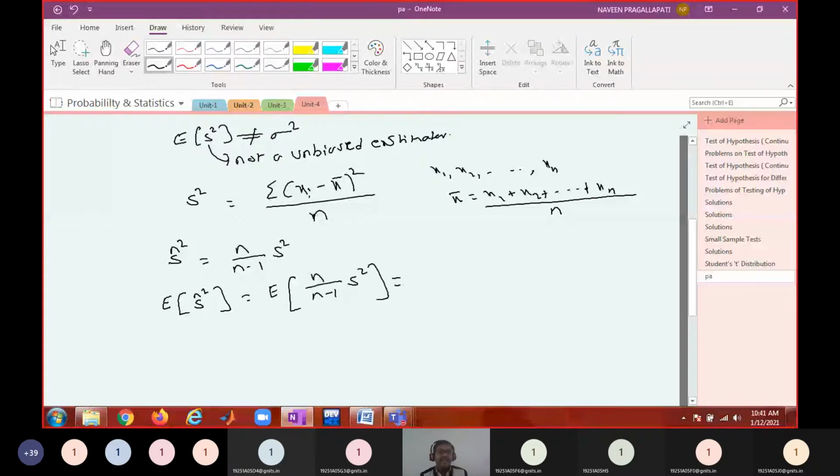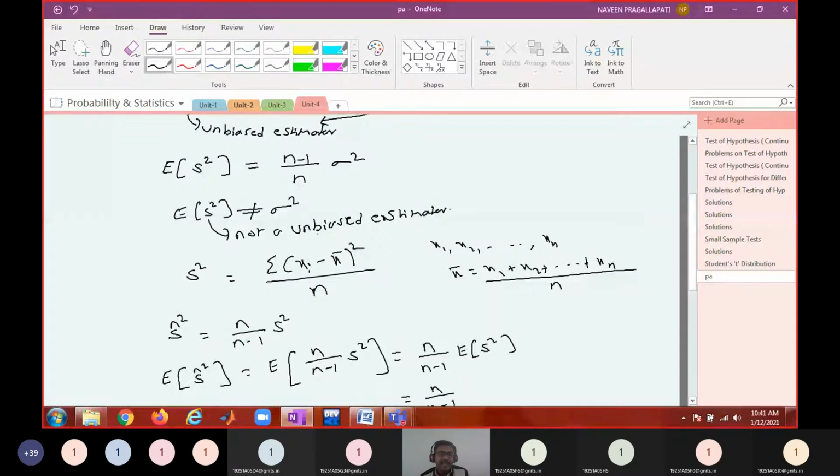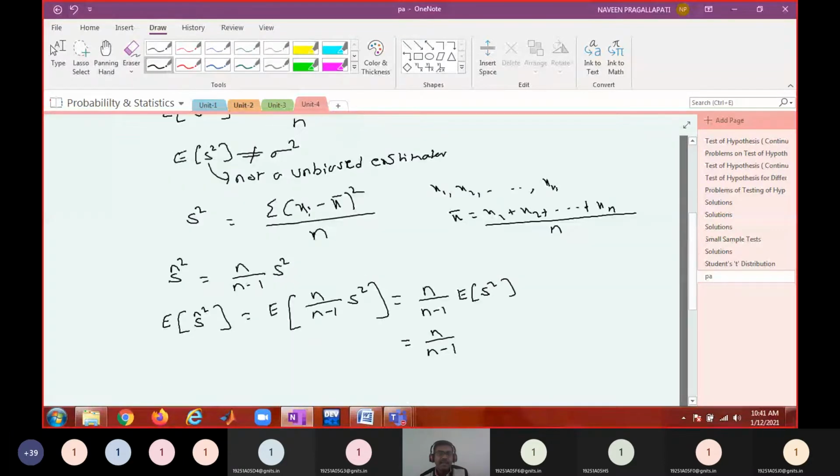Because n by n minus 1 is a scalar, I can bring it outside: n by n minus 1 into expectation of s square. What is the expectation of s square? As I said, n minus 1 by n, right?